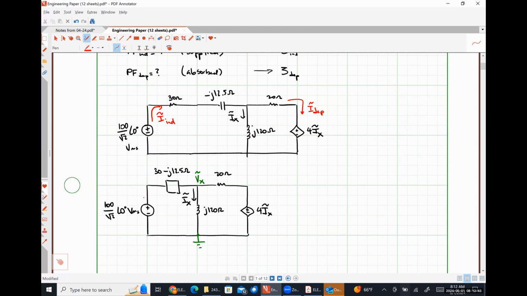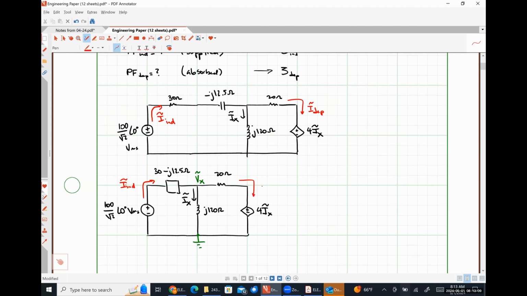So if we look at what we're looking for here, this current I independent is going to be nothing more than our source voltage minus whatever we find Vx to be, divided by that impedance of 30 minus j12.5. So finding that voltage Vx allows us to find that current very easily.